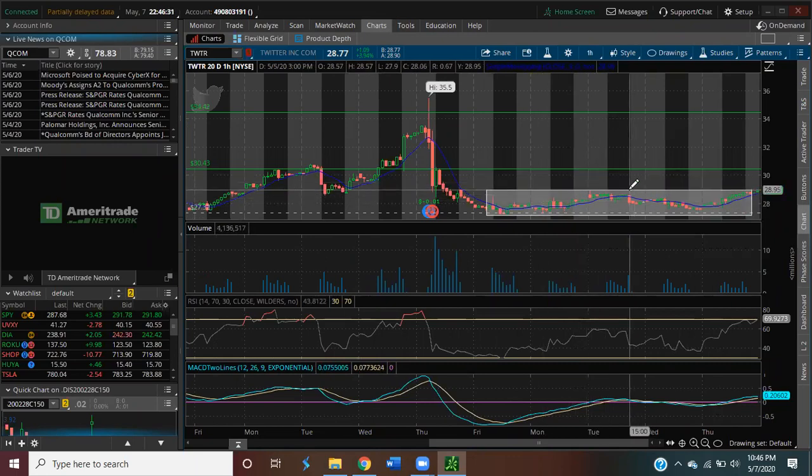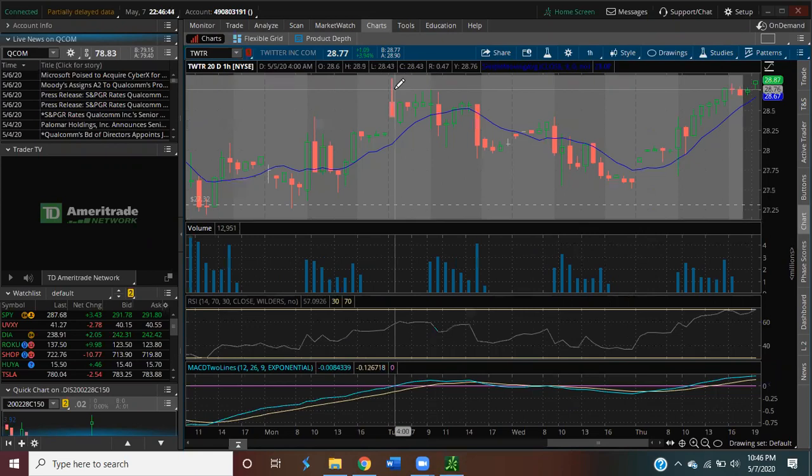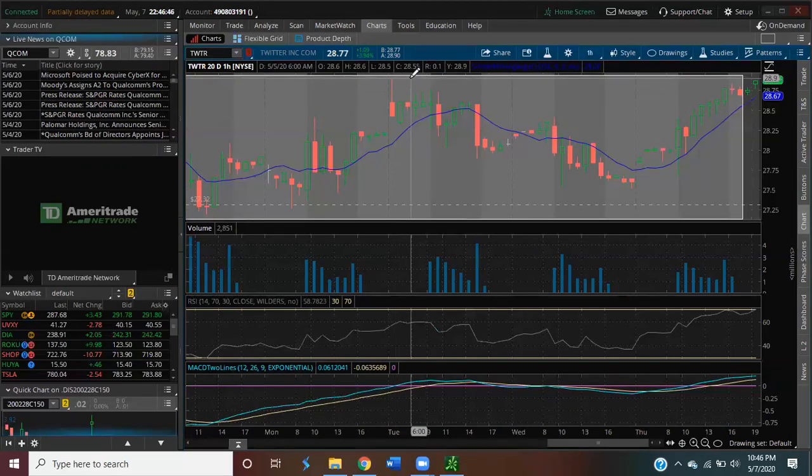Like I said, if something breaks out of a range, it's kind of like built-up pressure. So when it pops, it's gonna go to the next resistance. The high point of this range is 28.9, which the way it's looking is gonna be over that in the morning.